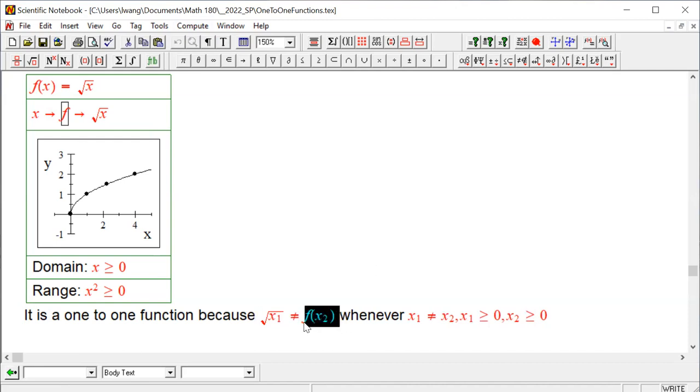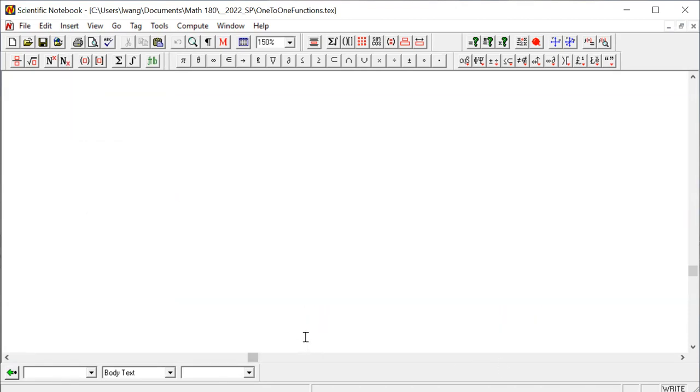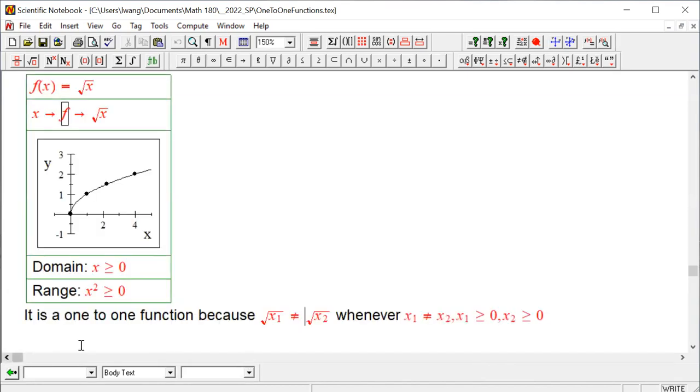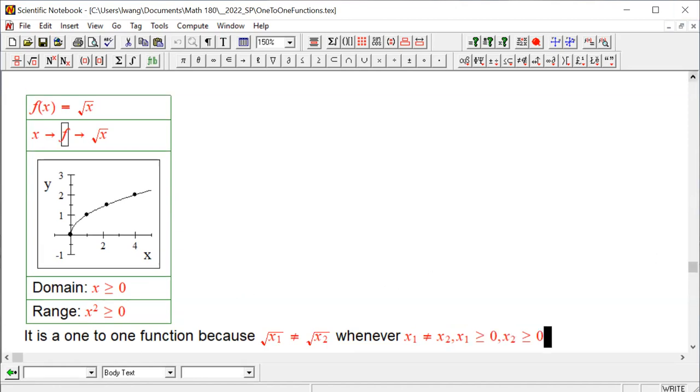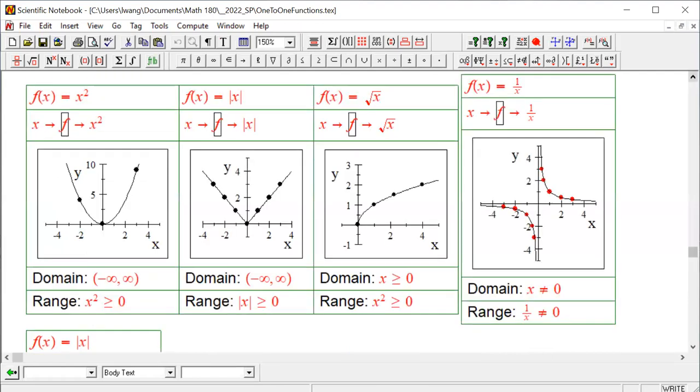And the other one will be the square root of x sub 2. So whenever these two numbers are not the same and they're both greater than or equal to 0, they cannot be the same and their square roots are not the same. And that's guaranteed, right? So this statement is true and it's one-to-one.